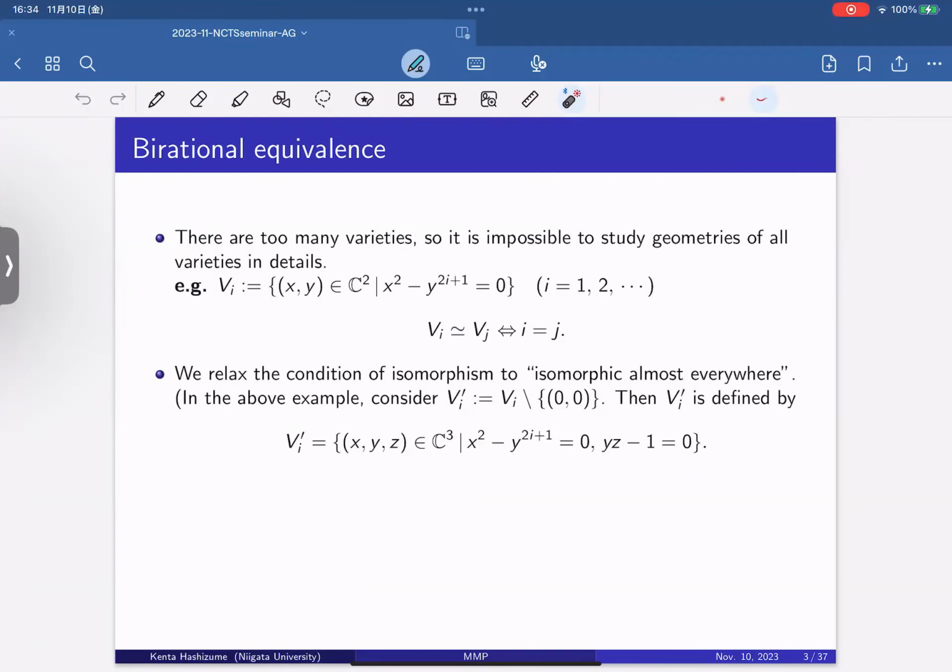Okay, I use the above example. We consider V_i' instead of V_i. Here, set-theoretically V_i' is V_i minus the origin. Then V_i' is defined by these two equalities in the three-dimensional complex space.